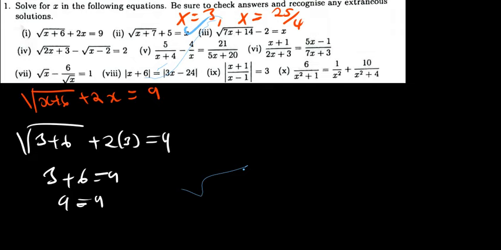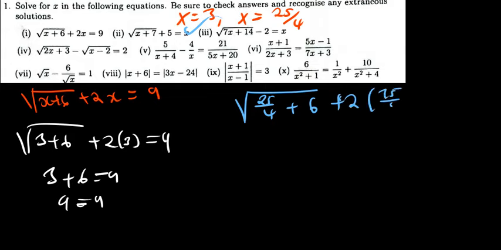Okay, so we'll plug in the values here. So you have got the square root of 25 over 4 plus 6, then plus 2 times 25 over 4, is equal to 9. Is this true? Let's see.